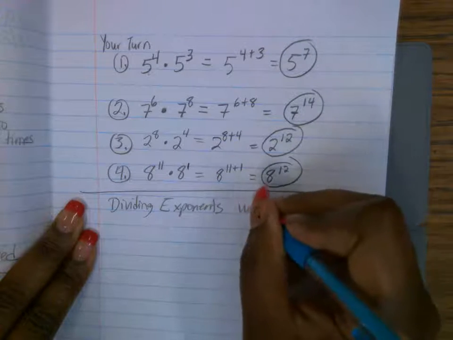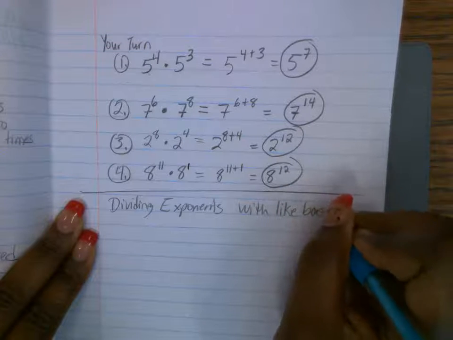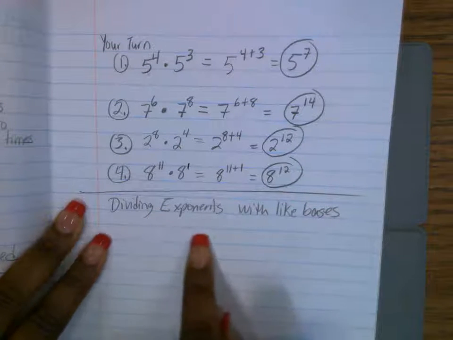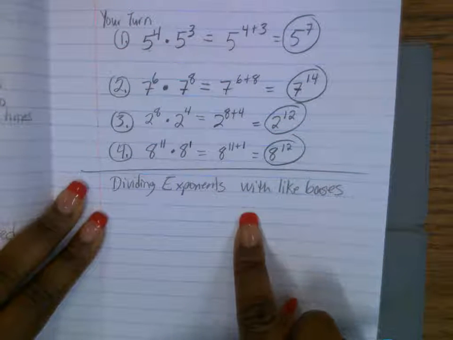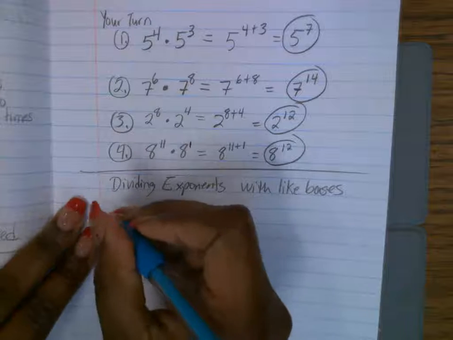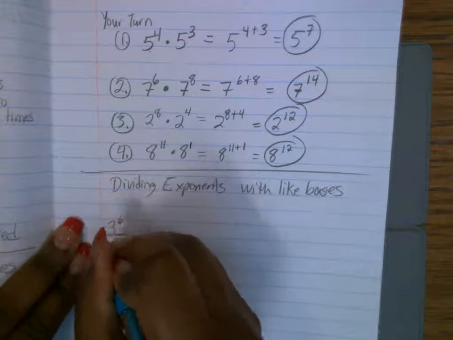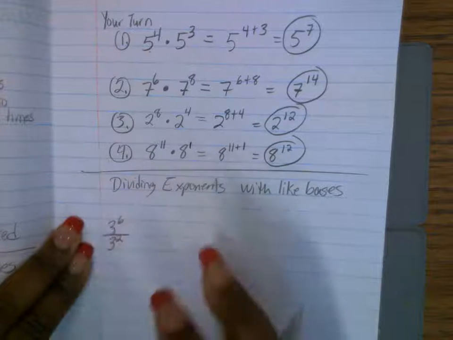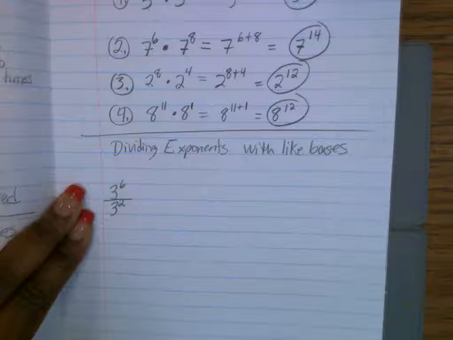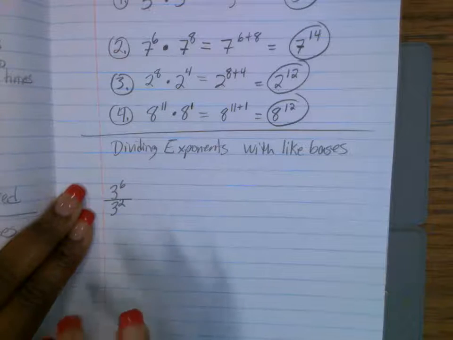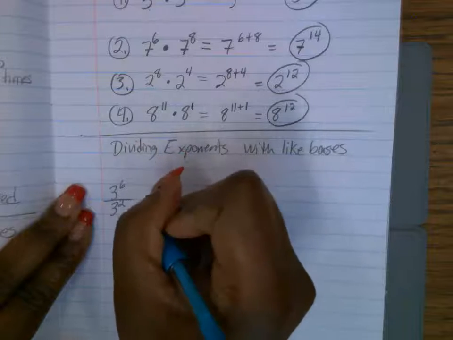Dividing exponents with like bases. I'm going to leave a couple spaces right here so I can go back and write some stuff. I have 3 to the 6th power divided by 3 to the 2nd power. Okay? Look at how this works. You can pause for the calls and just watch what I'm doing and then copy, but make sure you understand, okay?